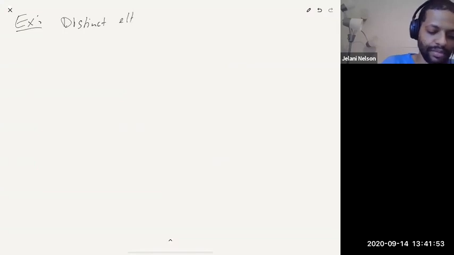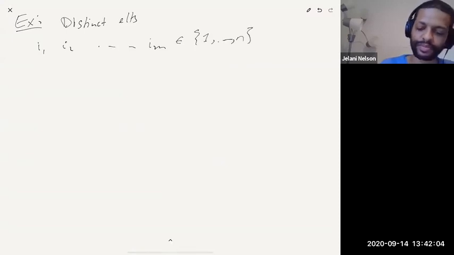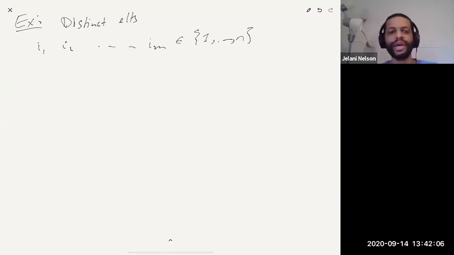So we're going to apply this to both distinct elements as well as quantiles, as I said. So, example, distinct elements. Remember what distinct elements is. You see a stream of indices, i_1, i_2, up to i_m, which are each in the interval from 1 up to n. And if you remember, the algorithms that we talked about in class were both randomized and approximate.